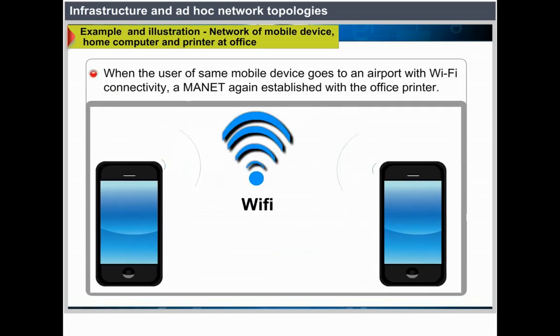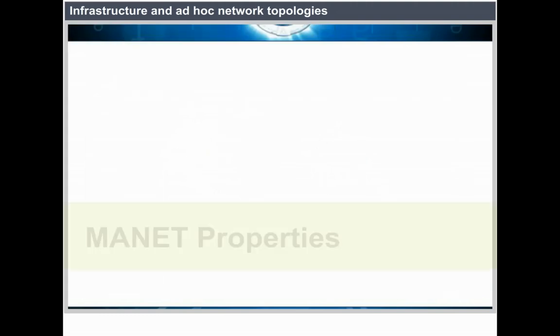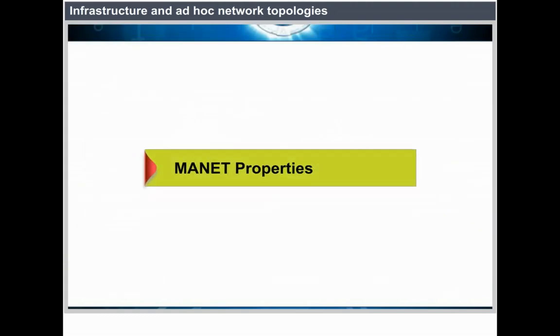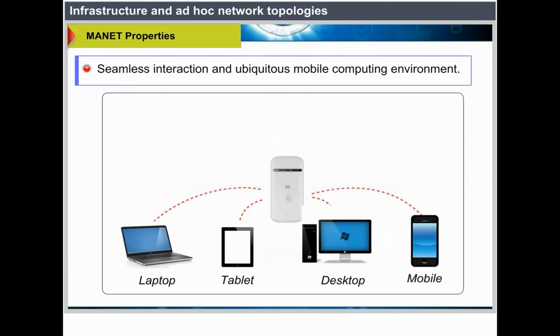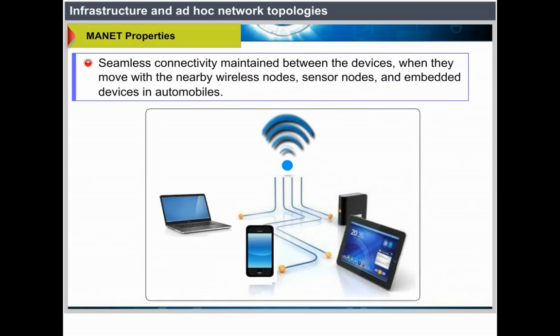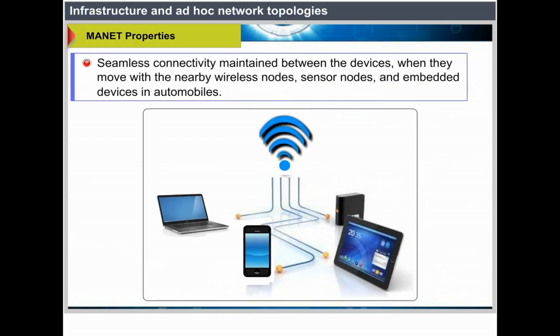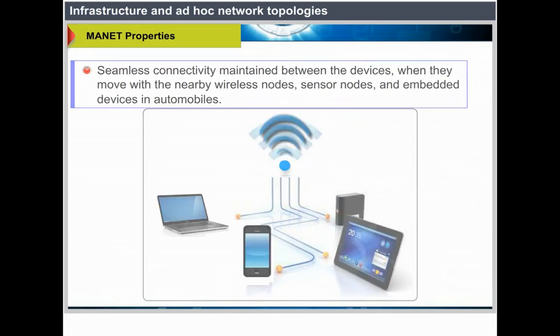When the user of the same mobile device goes to an airport with Wi-Fi connectivity, a MANET is again established with the office printer. MANET properties: seamless interaction and ubiquitous mobile computing environment. Seamless connectivity is maintained between the devices when they move with the nearby wireless nodes, sensor nodes and embedded devices in automobiles.